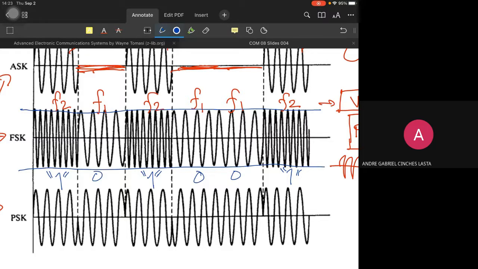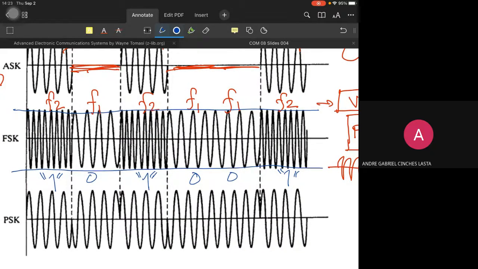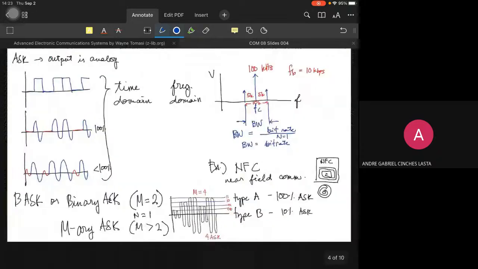So in a nutshell, based on the output waveform, that is FSK.